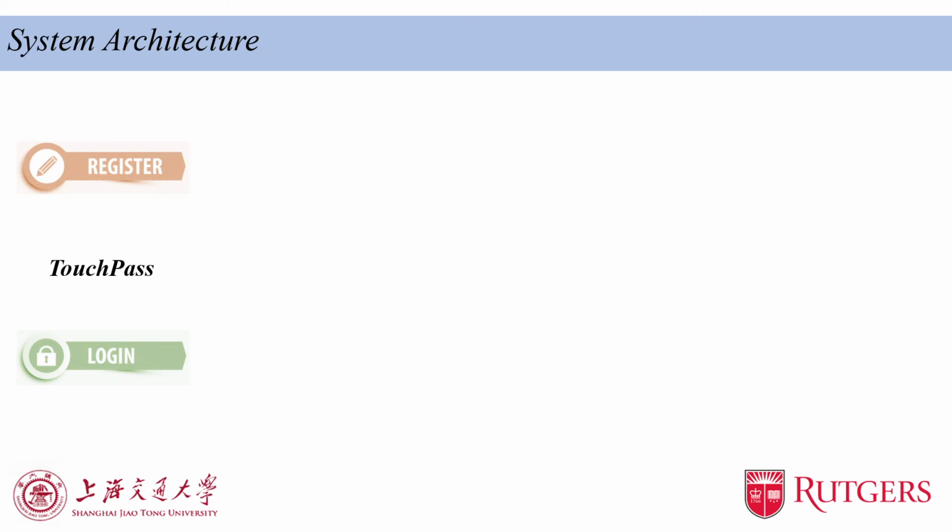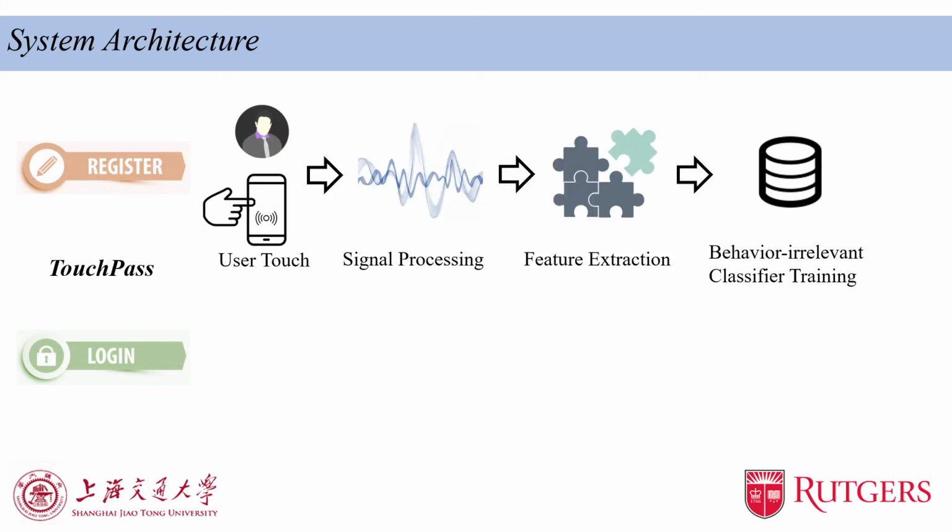Based on the study of vibration signals, we propose our system TouchPass, which has a register phase and a login phase. In the register phase, after the user touches, the system generates and collects designed vibration signals, and then extracts features from the received signals.